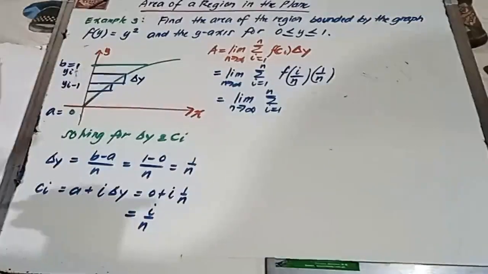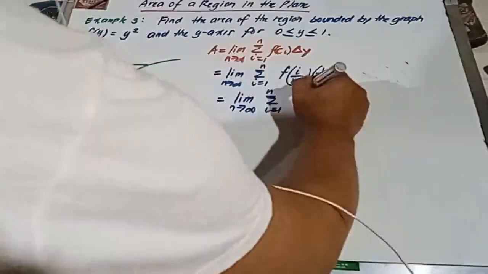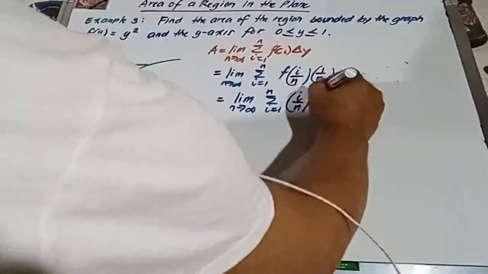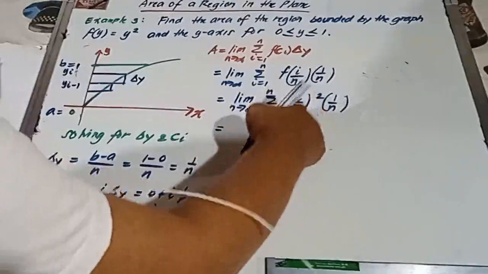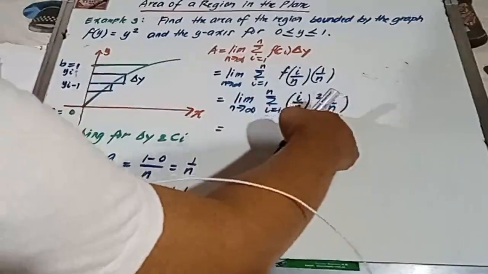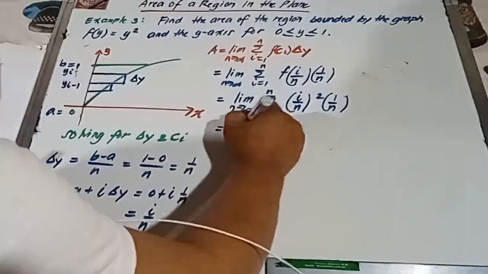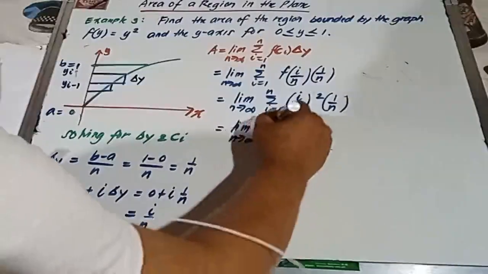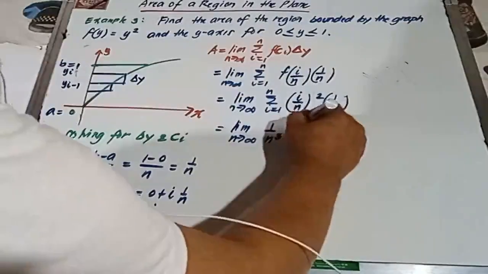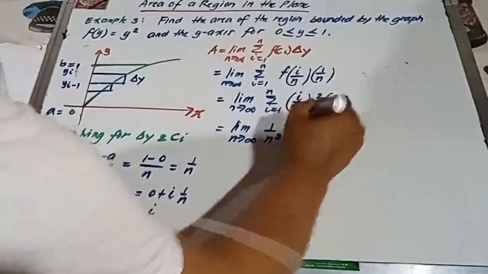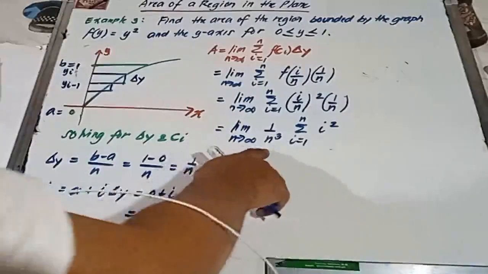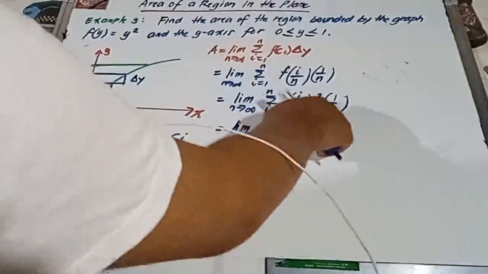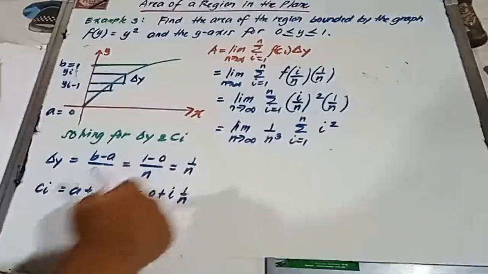So, we have i over n squared, 1 over n. Then expand, this is i squared sa ibaba, n squared times n, so 1 over n cubed sa baba. So, plus na natin siya. 1 over n cubed, summation of 1 to n, so matitira na lang i squared. Okay? Ilabas ko na yung n cubed. N squared times n, at the bottom is n cubed.